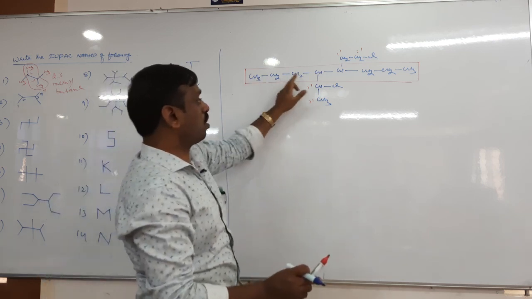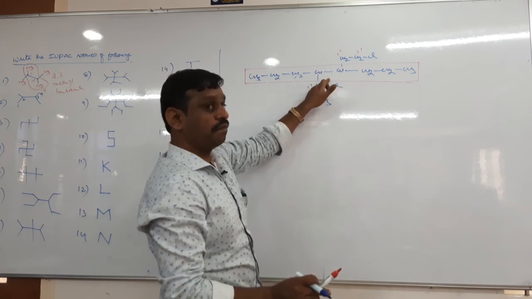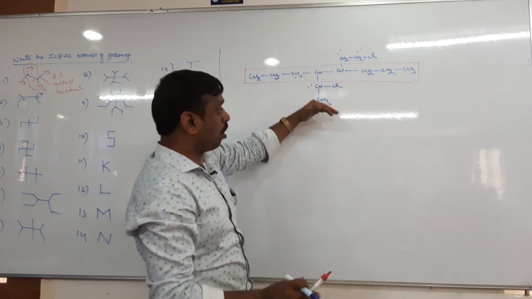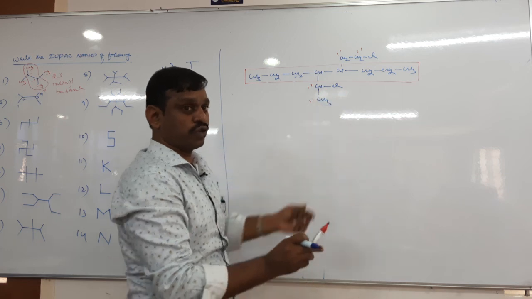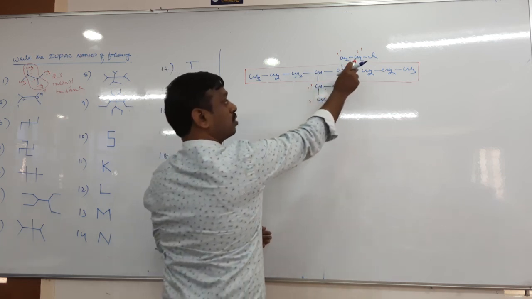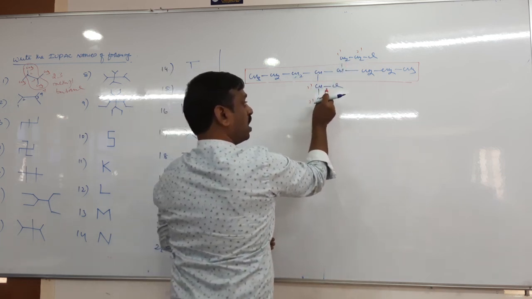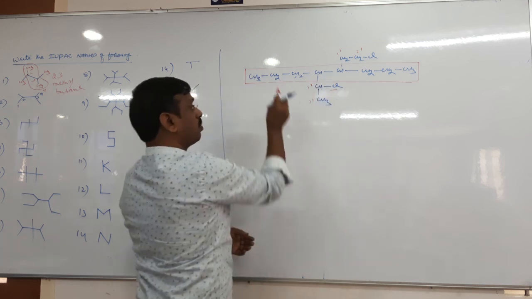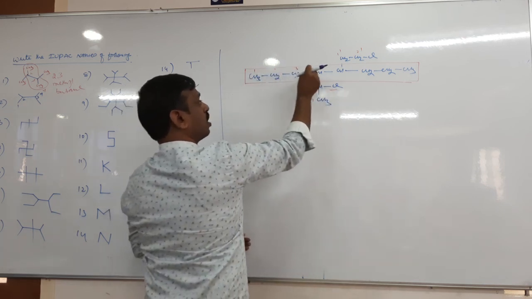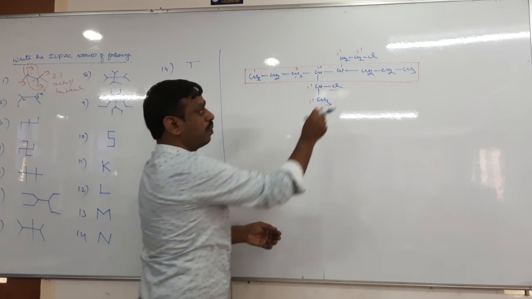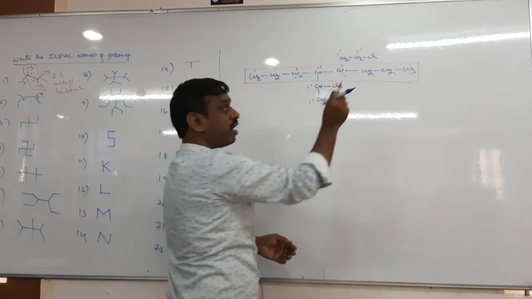Now 4 and 4 are the same, but the complex substituent also has one more substituent. This is 1 prime, it is 2 prime. Therefore this has to get the least number. It means 1, 2, 3, 4, it becomes 5. Then we will write the IUPAC name.